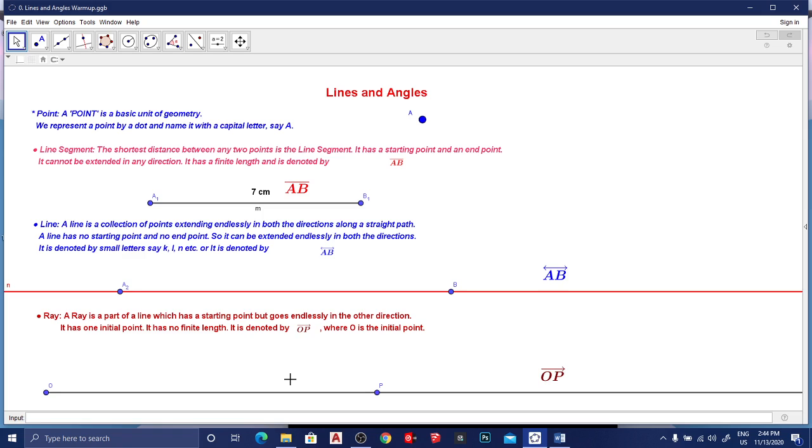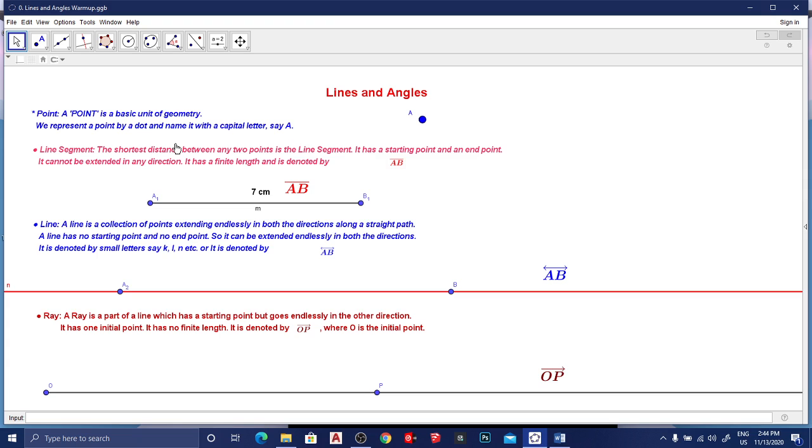Now see the first definition, the basic definition of these lines and angles: point. A point is a basic unit of geometry which is used to draw any figure.